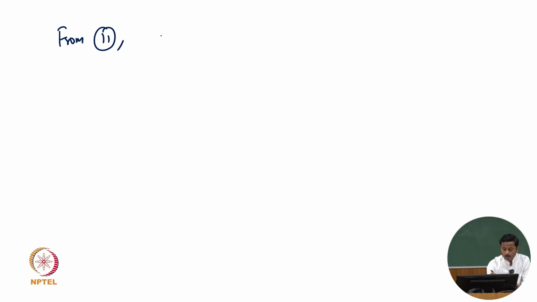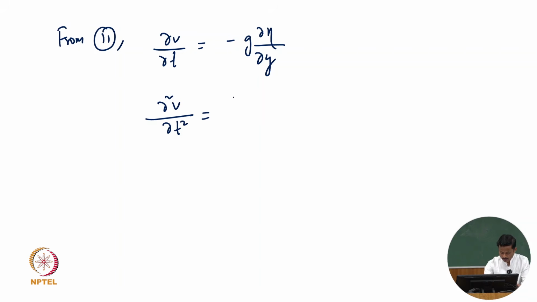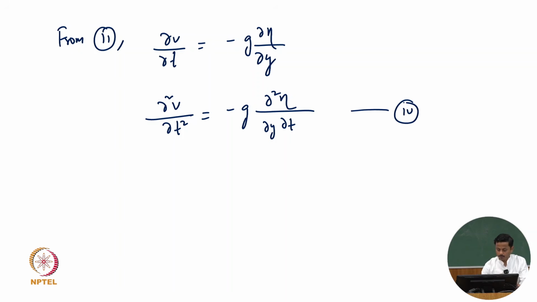We have del v del t is equal to minus g del eta del y. Now differentiating with respect to time, del squared v del t squared is equal to minus g del squared eta del y del t. Let's call this equation 4.